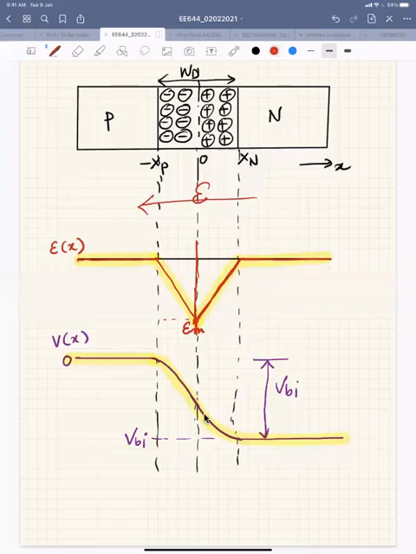You just multiply by minus q, so energy will also look like this.